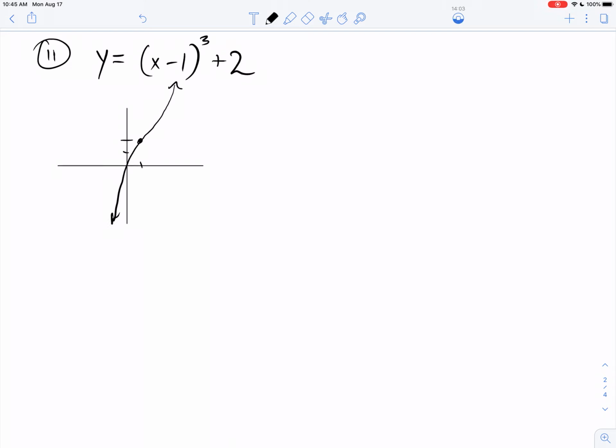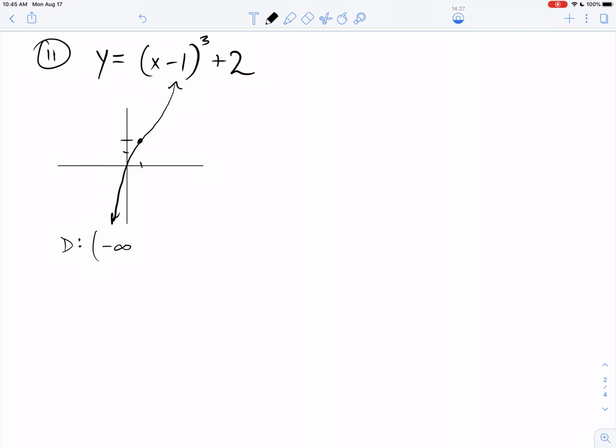Now the twist, remember, these are rough sketches. I don't know if it goes through the origin perfectly right there. In fact, I don't know. I just want a rough sketch. I want to sometimes just have an idea where a graph is located. But here's the thing. I'm going to tell you, for anything that is cubic, so number 12, the next graph I'm about to draw, I'm going to have the same domain and range.